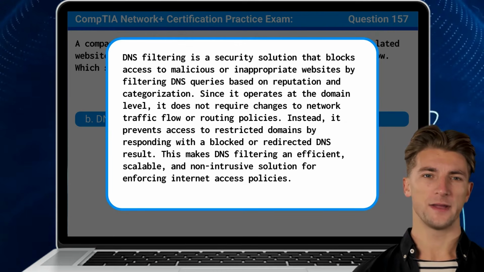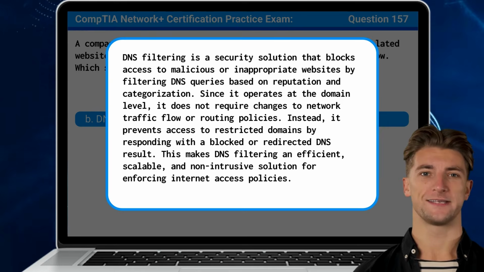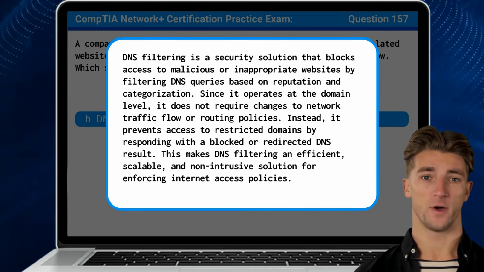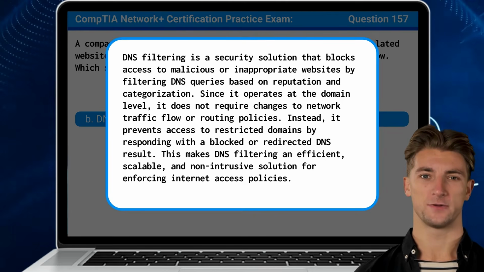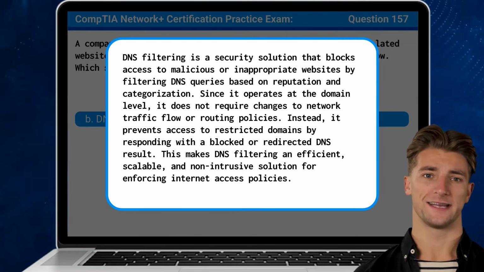Since it operates at the domain level, it does not require changes to network traffic flow or routing policies. Instead, it prevents access to restricted domains by responding with a blocked or redirected DNS result. This makes DNS filtering an efficient, scalable, and non-intrusive solution for enforcing internet access policies.